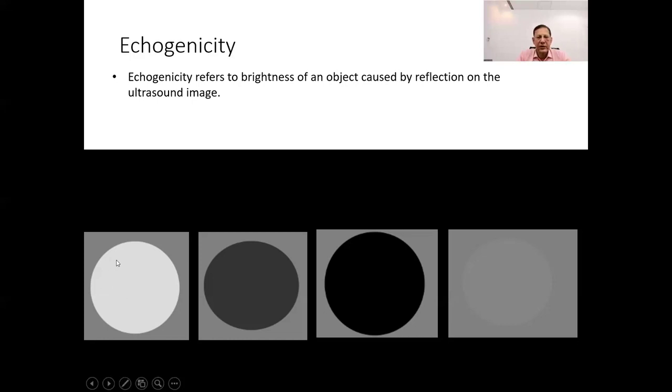While writing a report or discussing an image, we use the relative echogenicity of certain areas to characterize them, whether a structure is white or bright, or tissue is less bright, or appears black on the image, or whether two adjacent structures or tissues are of the same echogenicity. So in conclusion, echogenicity refers to the brightness of an object caused by reflection on the ultrasound image.